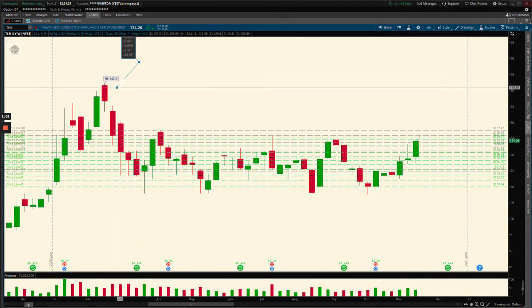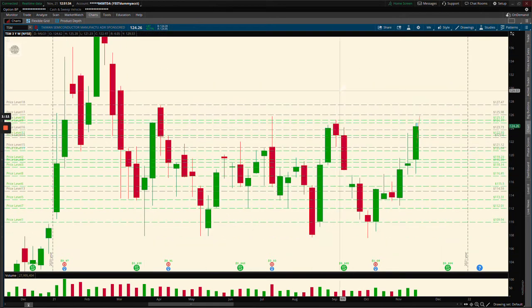You're looking for the top point or candle in a certain range of price action that you're looking at. And then you want to see the next highest candle in a price action range you're looking at.